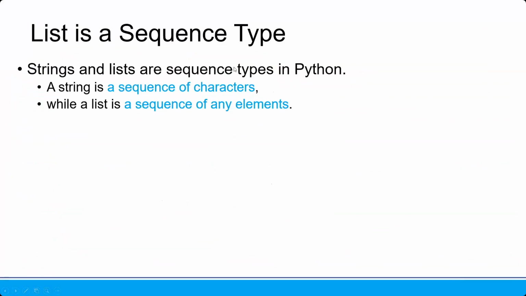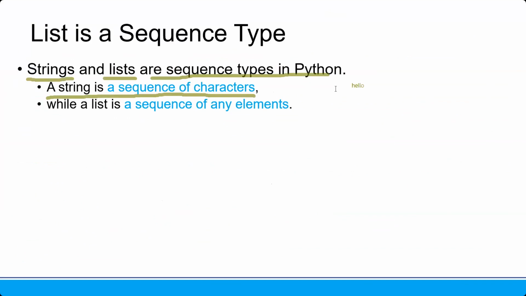List is a sequence type. It means we can use any data type, like strings and lists. They are the sequence types in Python. A string is a sequence of characters. You know what that means?